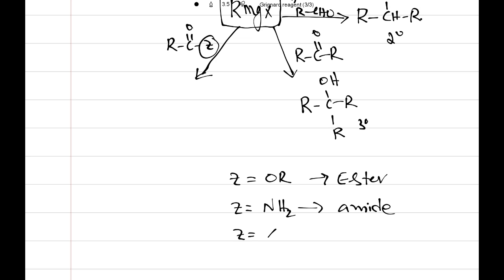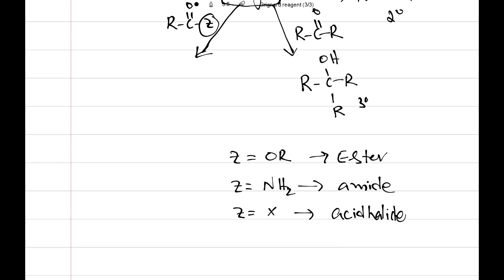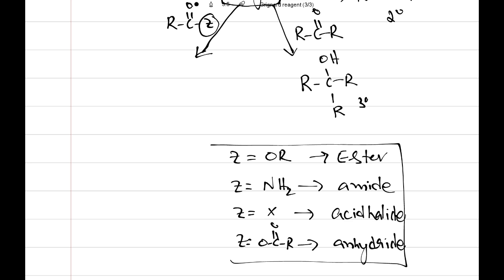If Z equals X, that is the acid halide. If Z equals OC double bond OR, that is the anhydride. So these four are the acid derivatives.